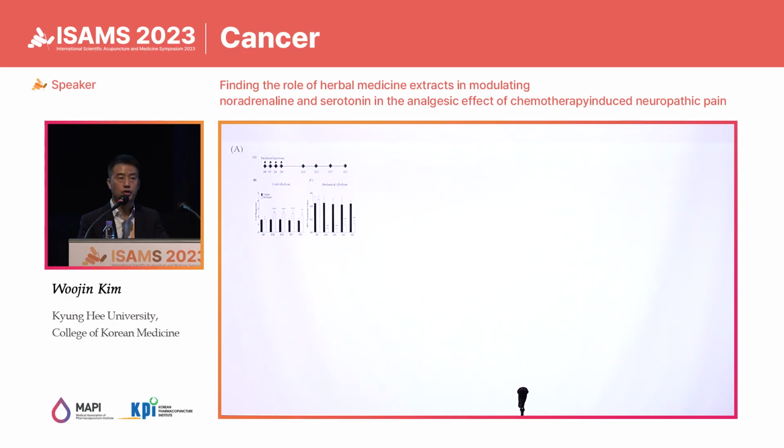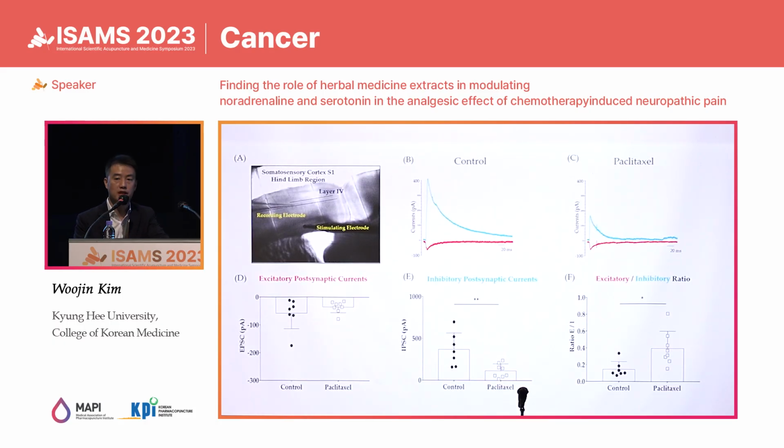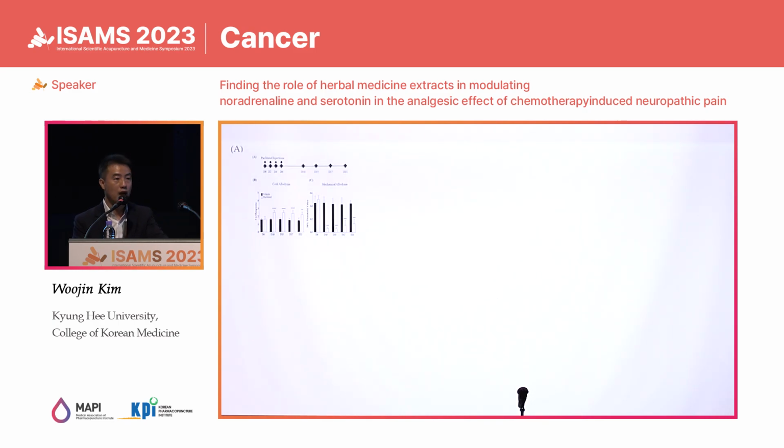As this data was in slices, we wanted to look at slices from rats with paclitaxel-induced neuropathic pain from our previous study. So we injected paclitaxel several times, and 1 month after we took brain slices from these mice and saw that the results were almost the same.